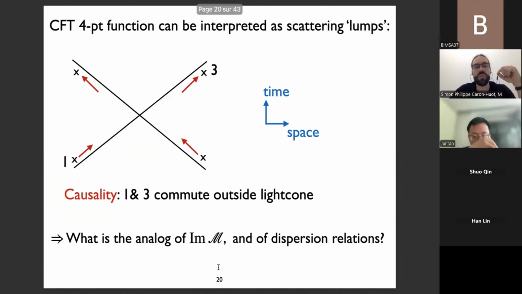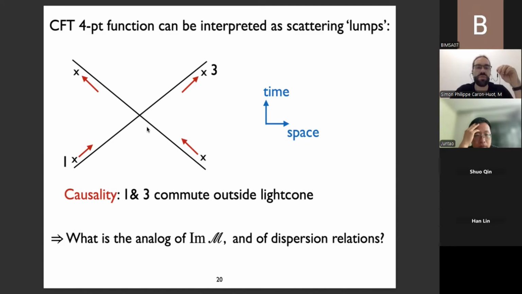And now the point is that in CFT, you have a relatively similar picture. You don't quite have particles, but you can still do things that look like scattering experiments. If this is time and space, you can measure correlations like this. Here you would create some kind of lump in the past, with spins lying one way, for example, and these lumps would propagate toward each other, and then you can measure what comes out.